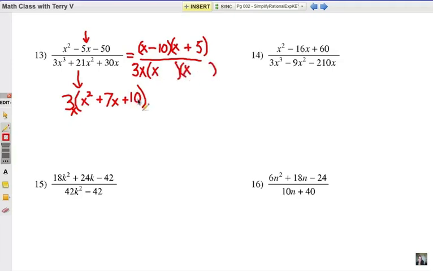We want factors of 10 that add to give us 7, and that of course would be a 5 and a 2, and make sure both of those are positive. Whether mentally or on a piece of paper, use the FOIL method and multiply that out to check, to make sure that's correct. Notice how this binomial, x plus 5, can cancel with that binomial. All right, now we're going to put it all together and have our answer.